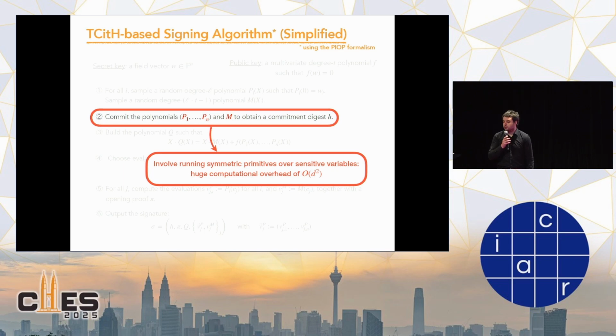And finally, the commitment phase. There are several techniques to do such a commitment. It will use a PRG, hash function, symmetric primitives, and so if we want to mask this, there will be a lot of AND gates, and it will be quadratic. So we want to optimize this.